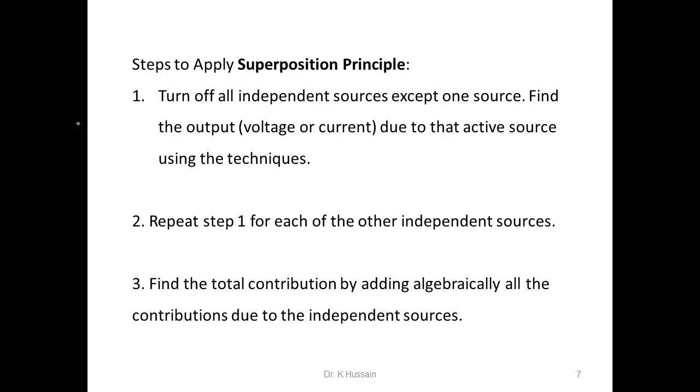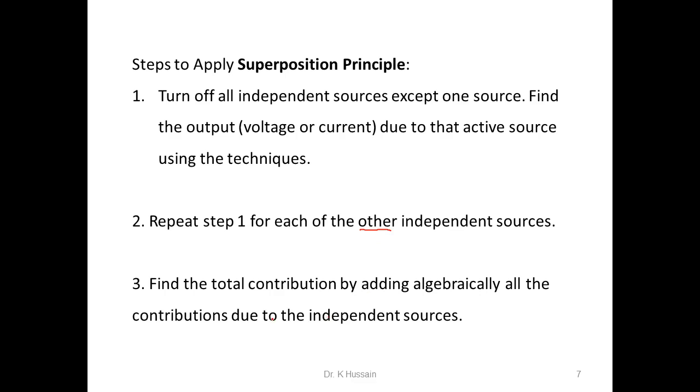Suppose you have two sources: the first time you take the first one, and the second time you take the other. The same steps apply. At that time, the first one should be off and only the second one should act. Again find the output, that is the voltage or current.